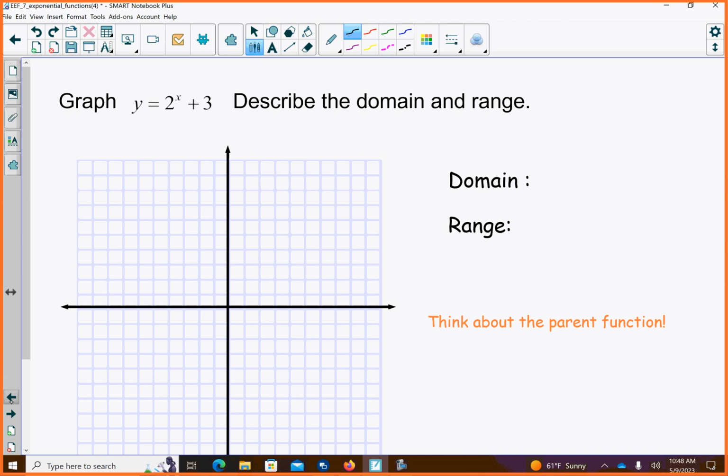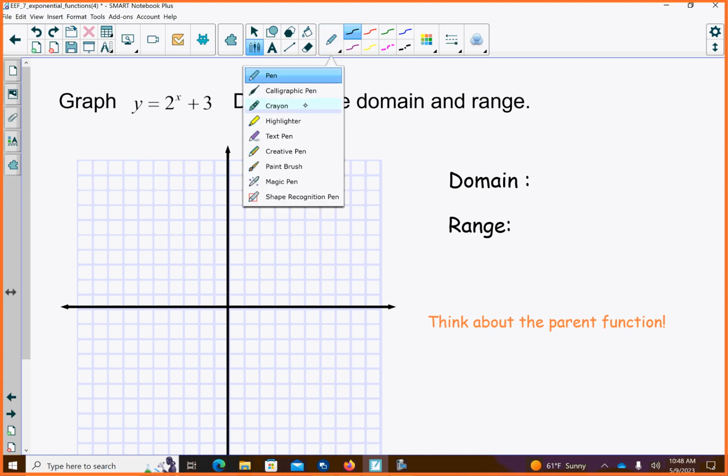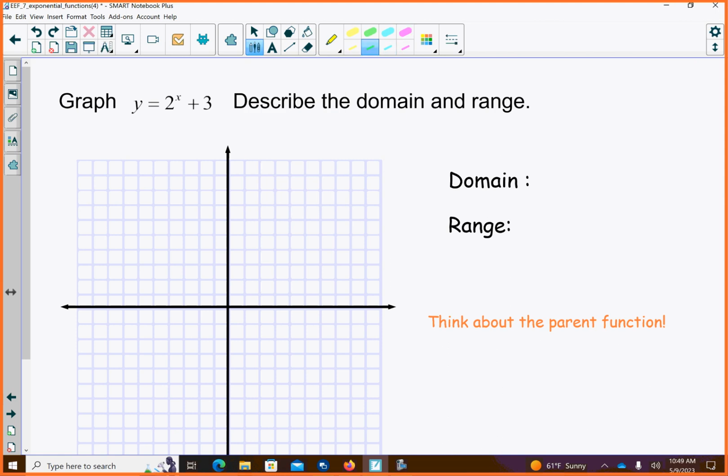There's a plus what already there? 3. 1, 2, 3. Friends, that green line right there is my horizontal asymptote. Do you see how it went up 3? If it was minus 3, what would it have done? It would have gone down 3.